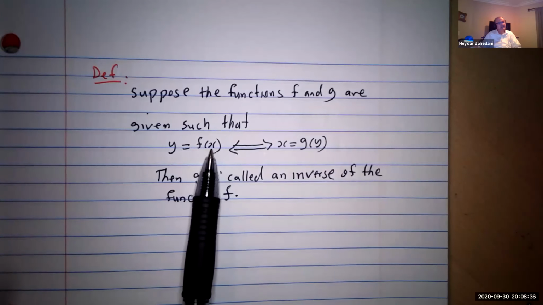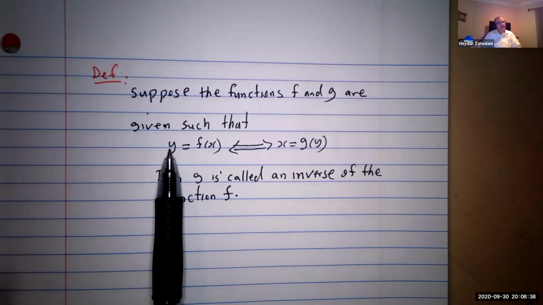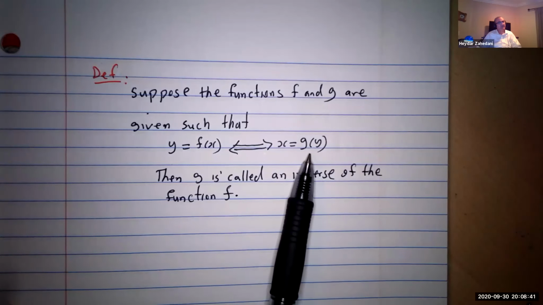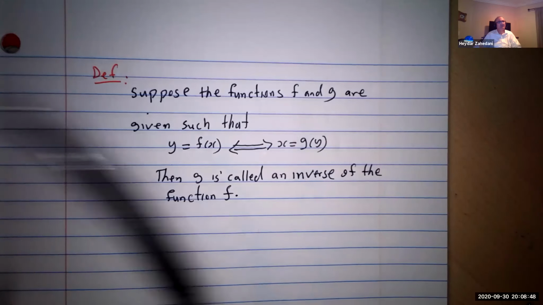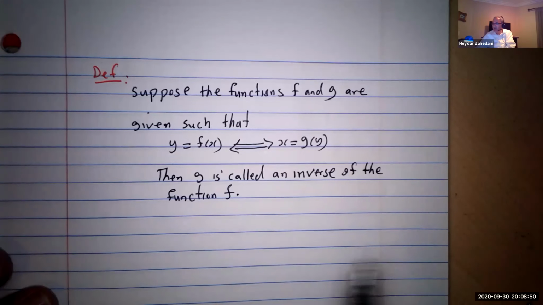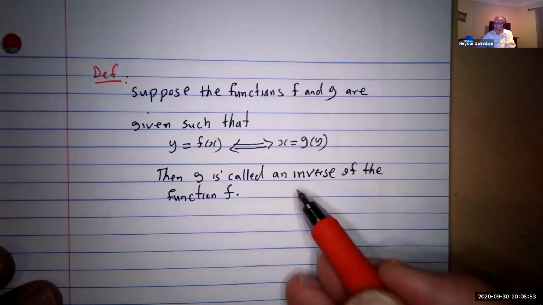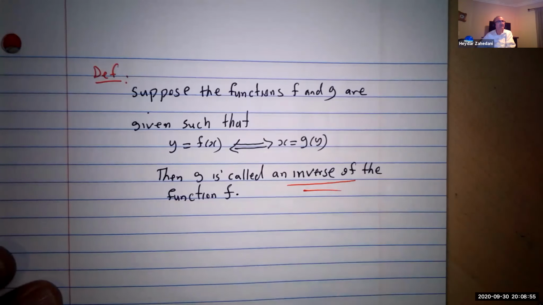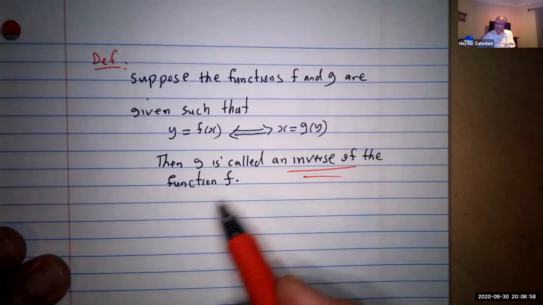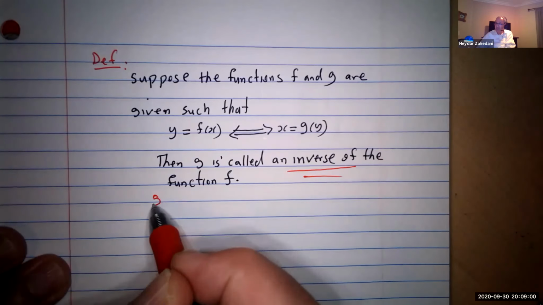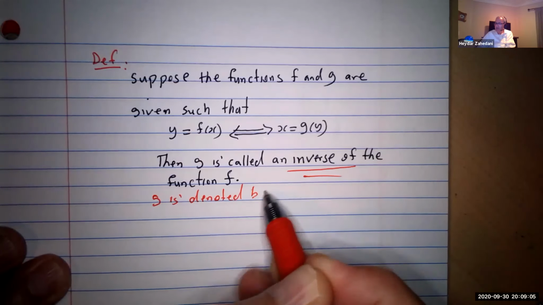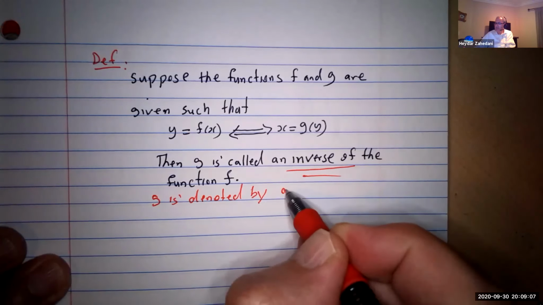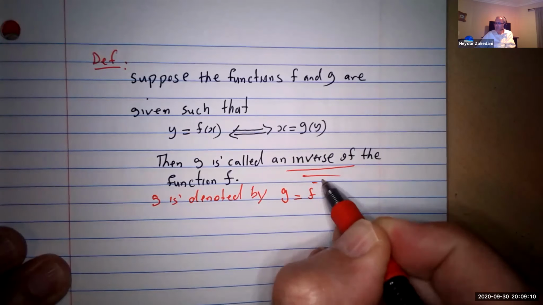I solve for x, and of course I get a function in terms of y. So the second one is the inverse of the first one. You can say f is the inverse of g, or g is the inverse of f, and we have a notation for it. g is denoted by f inverse. g equal to f inverse.